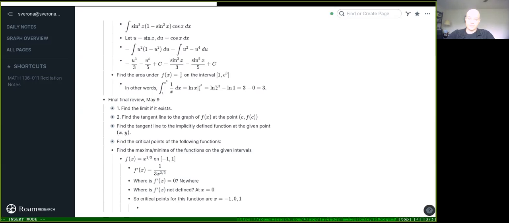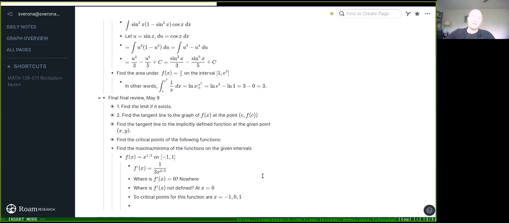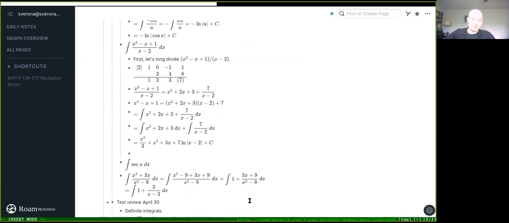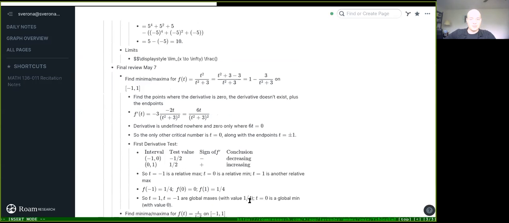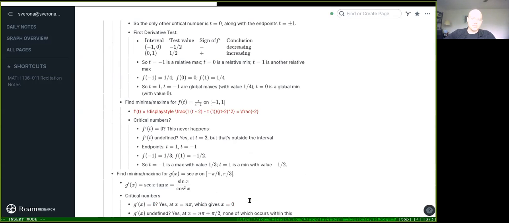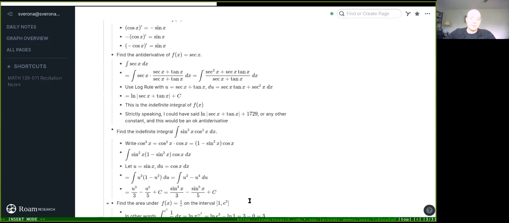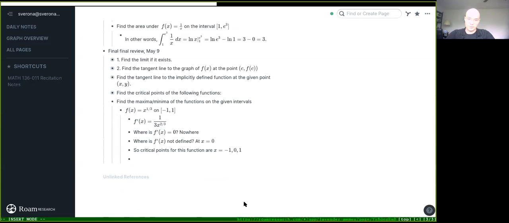So, okay. I might have already done this problem, I'm not sure. Okay, I did the next one. So, okay, here's what I'm going to do. I'm going to make a nice little table. And this table is going to have 1, 2, 3, 4 rows. And I'm going to make one column for the interval.